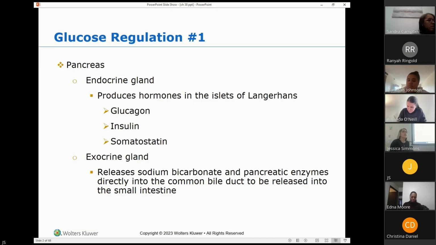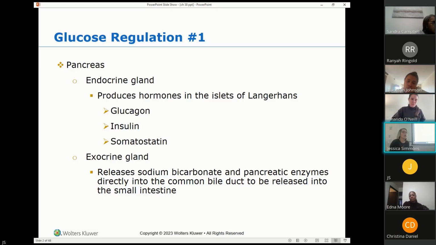What does sodium bicarbonate do? It neutralizes acid. So if the pancreas is releasing sodium bicarbonate into the common bile duct to be released in the small intestine, what is it doing? Neutralizing acid from where? What is before the small intestine? The stomach.